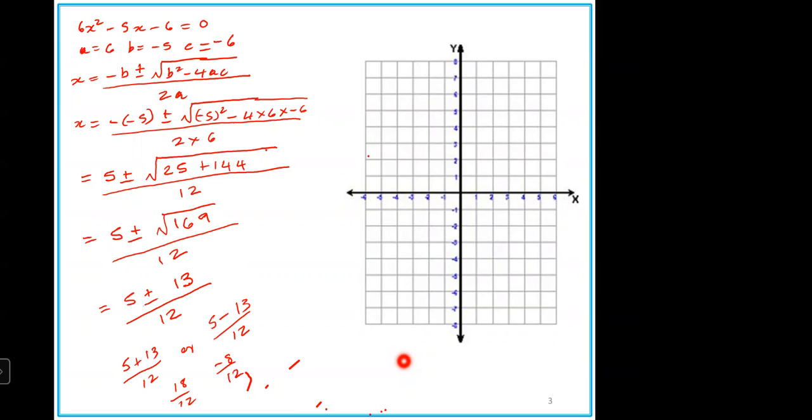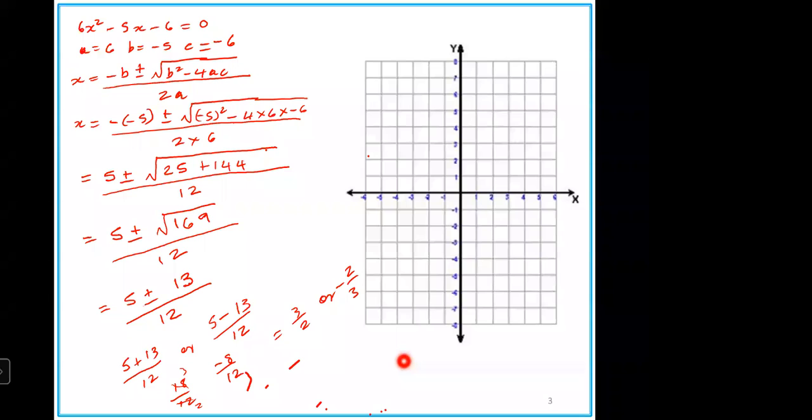Now, both of these could be reduced to lower terms. 6 goes into this, 6 into 18 is 3, 6 into 12 is 2. So that's equal to 3 over 2, or 4 into -8 is -2, 4 into 12 is 3, or minus 2 over 3. Yeah, so that's the answer for that one.